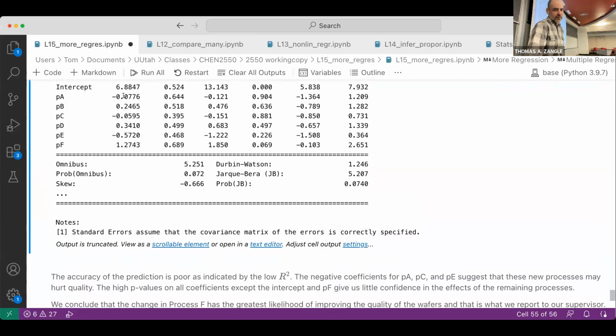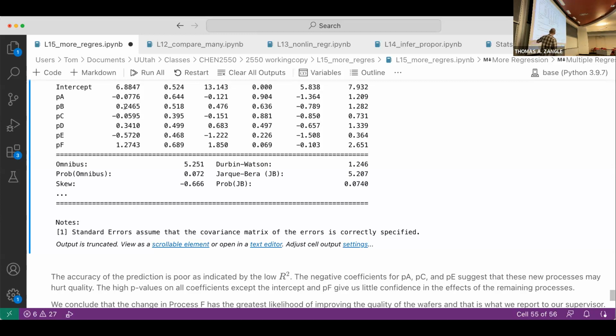So if we look at our coefficients here, we see that for PA, PC, and PE, we have negative coefficients, which, and again, you have to be careful with the language here, suggests that these new processes may hurt quality, right? So remember, the process variable equal to 0 means we're using the old process, 1 equals we're using the new process.